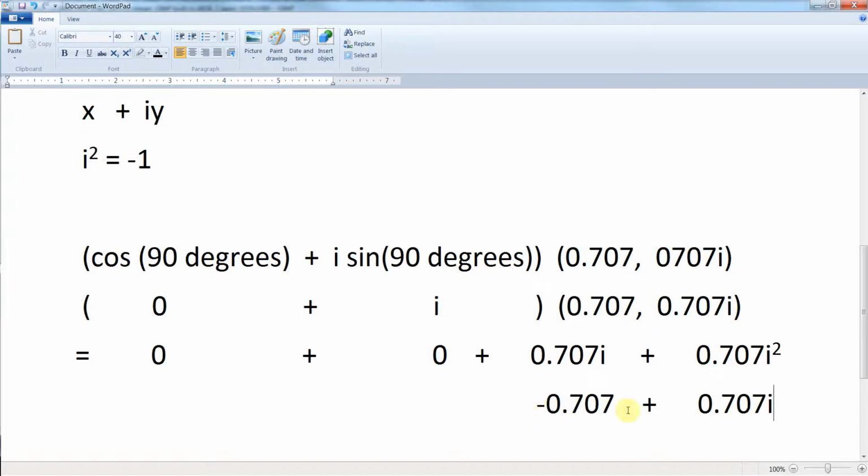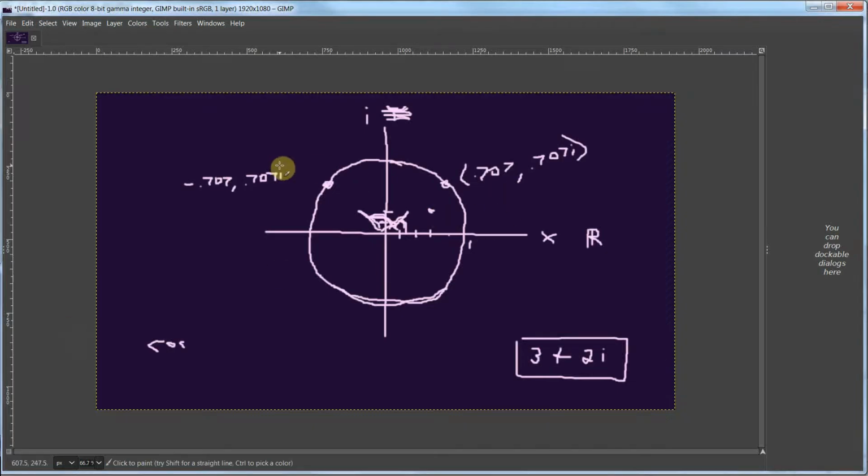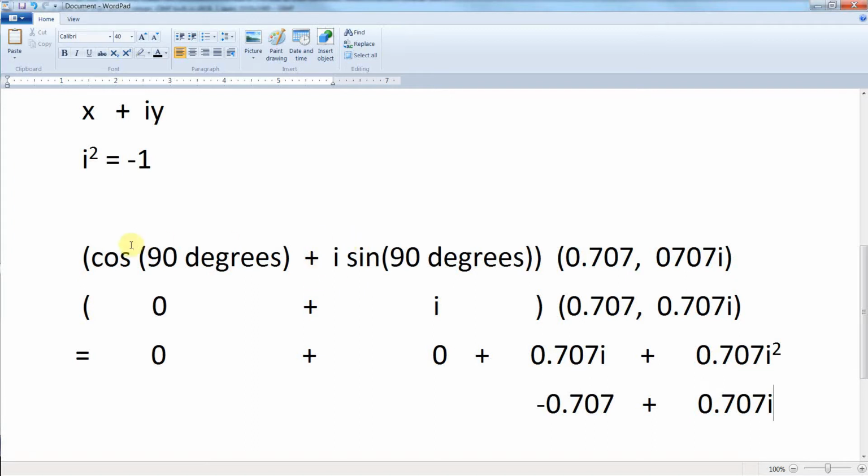So we have -0.707 and positive i. So if we go back and look at the point, there's -0.707 and there's a positive 0.707i. So we've effectively rotated this thing 90 degrees around the circle just by using this rotation, just by using cosine 90 plus i sine 90.